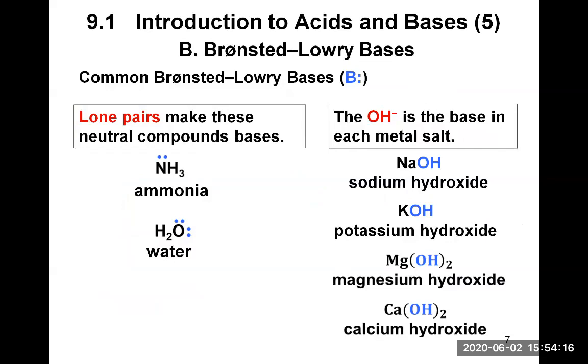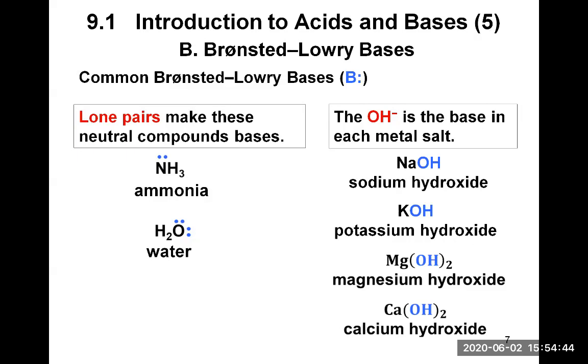You see them in blue here to show how that makes them basic. And then, bases are mostly made of the hydroxide ion. All those strong bases contain the OH-, the hydroxide ion, and that's what will be the base in each of these metal salts.